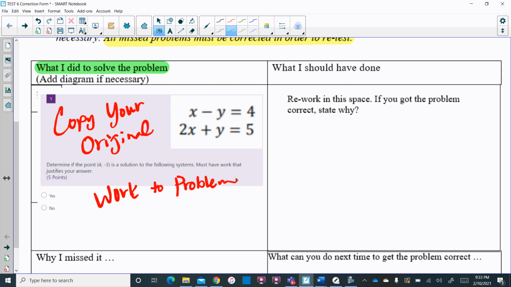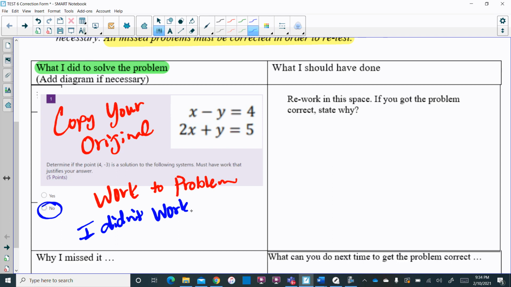Now, let's say you didn't work it, or you just guessed, because that's a possibility on here. I just guessed and said no, okay? If you have no work, you're going to need to state, I did not work it, because that's why some of you are losing points.